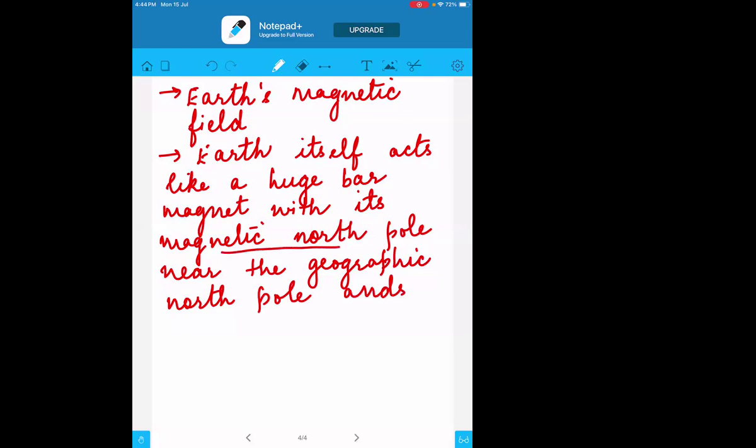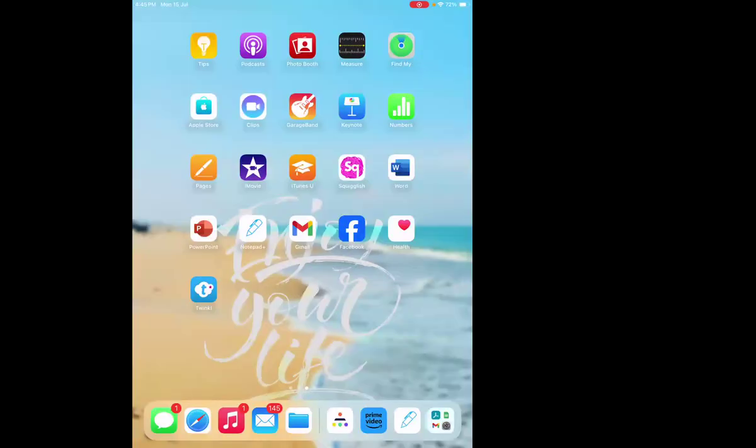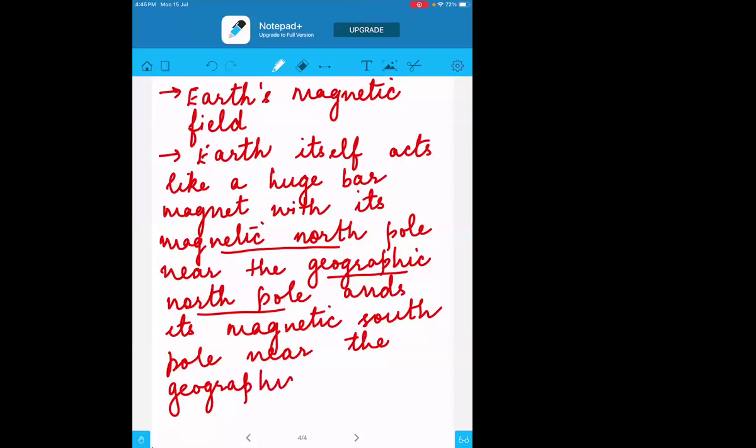This point you should understand first of all: Earth itself is a huge bar magnet. Its magnetic north pole is near the geographic north pole, whereas the magnetic south pole is near the geographic south pole.